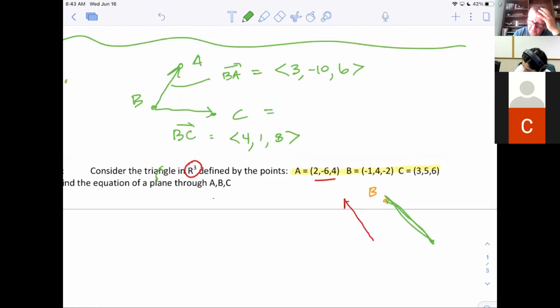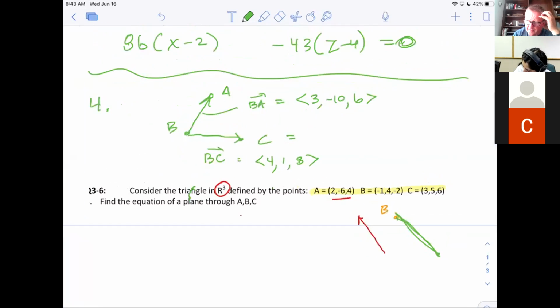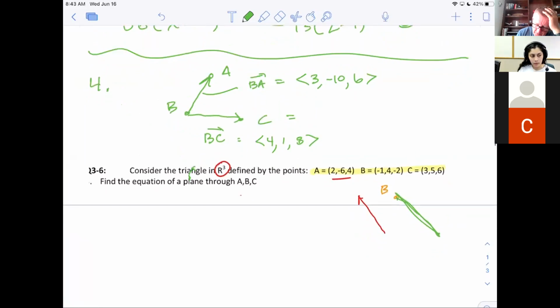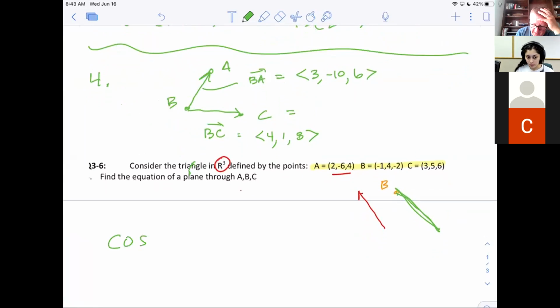So now I have those 2 vectors. What do you do to find the angle between a couple of vectors? What's my approach? Yeah, that's dot product. So we say the cosine of the angle that we're supposed to find is equal to the dot product of those 2 vectors.